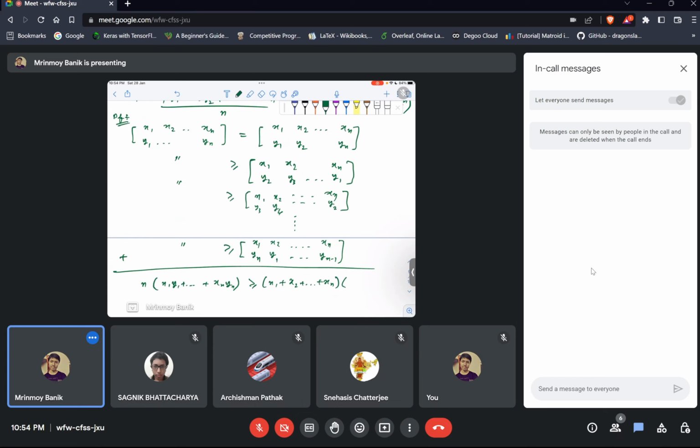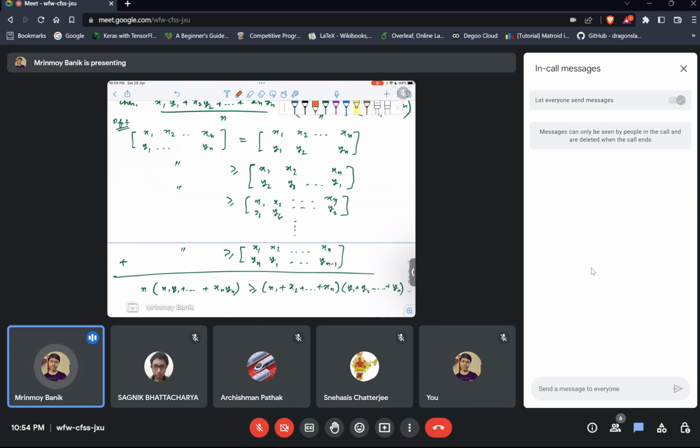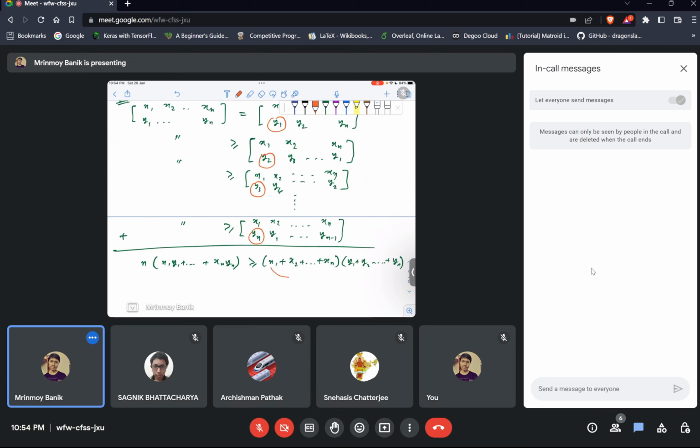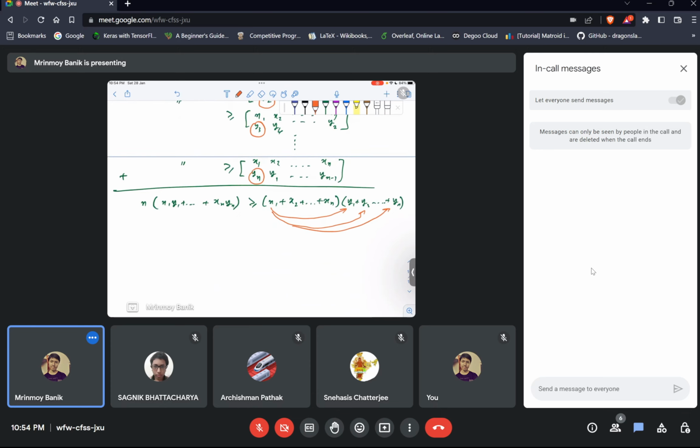So it's the sum over x1, x2, x3 up to xn times y1, y2, y3 up to yn. So x1 is multiplied with each of y1, y2 up till yn. And lastly, we can divide both sides by n squared to get the final result.